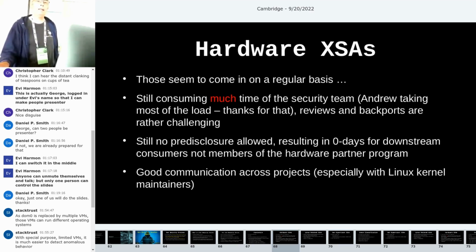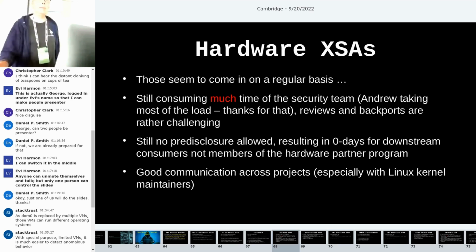And this is not aided by the fact that the processor vendors, I don't think I need to name the most important one here, are not very fancy to allow pre-disclosure. So we can really only discuss it within the security team, and in theory, we can't even discuss it with all members of the security team.